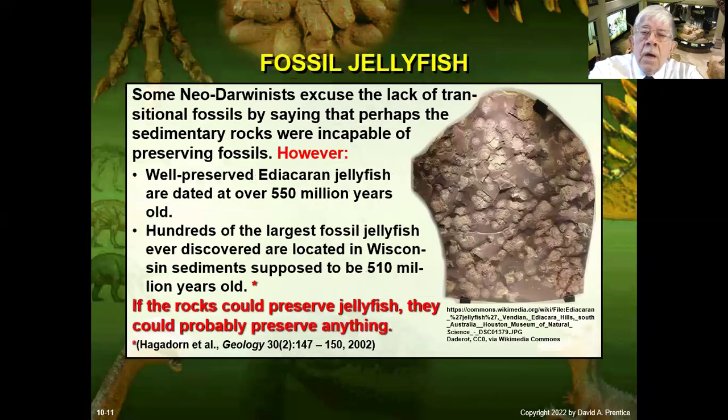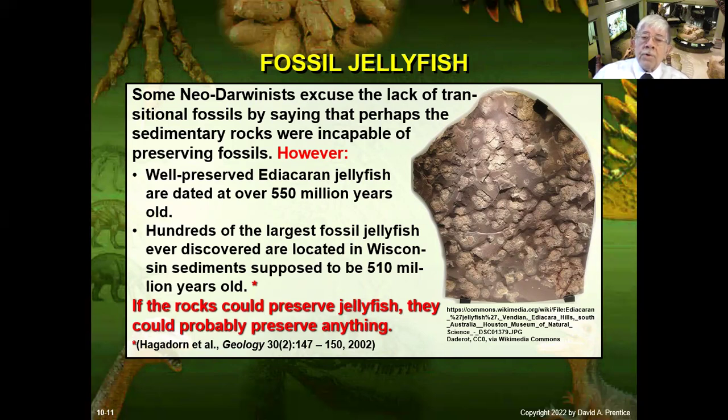Let me give you an example of one excuse for the lack of transitional fossils. Some neo-Darwinists excuse the lack of fossils by saying that perhaps the sedimentary rocks were incapable of preserving fossils. However, if you look at the right there, you'll see some fossil jellyfish. What's softer than a jellyfish? Nothing. It's mainly water.